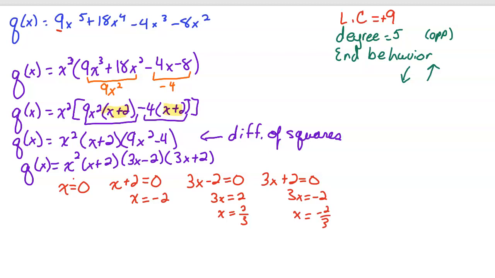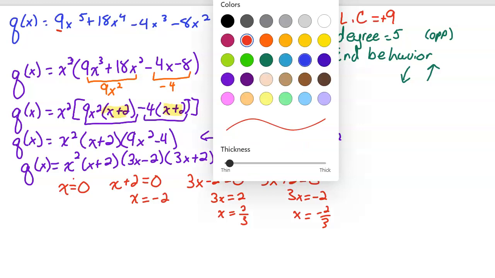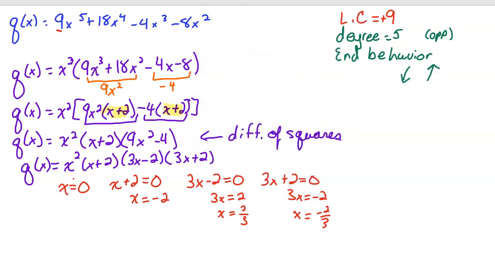So I have my 4 zeros, but I also need to look for that multiplicity. So I have a multiplicity of 2 for the x squared. I'm sorry, for the 0. I have a multiplicity of 1 for the negative 2.